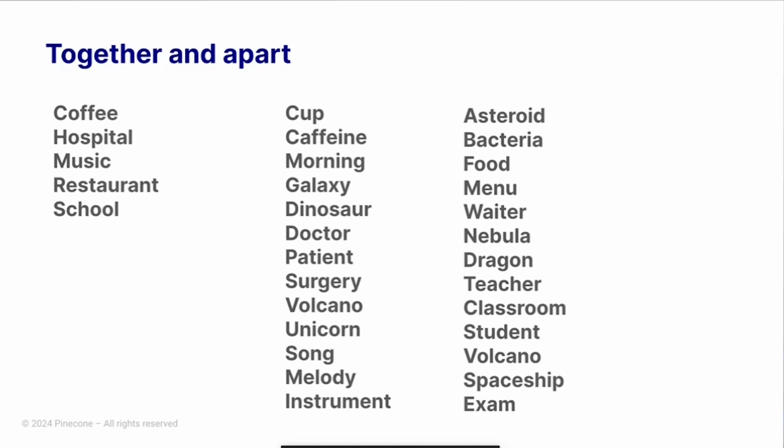Think about what the clusters might look like and which words will be clustered together and which ones will be further apart. Pick out a few words and think about where they would be. Try caffeine or cup or exam.